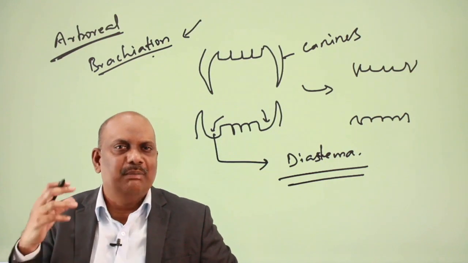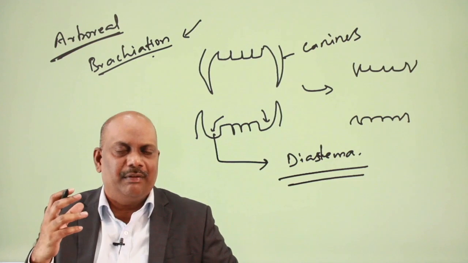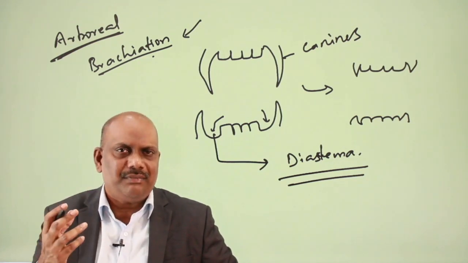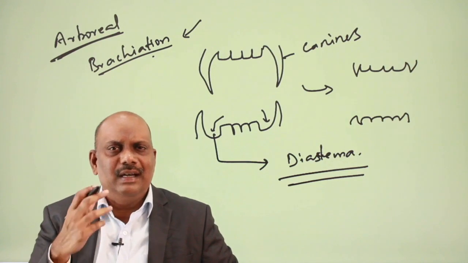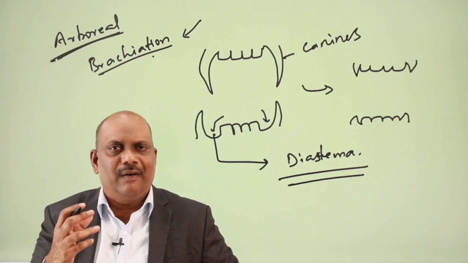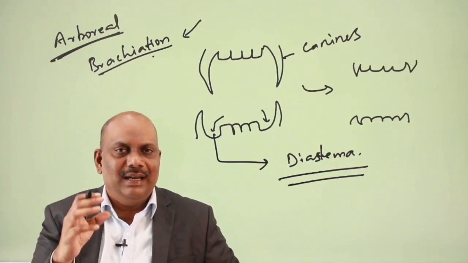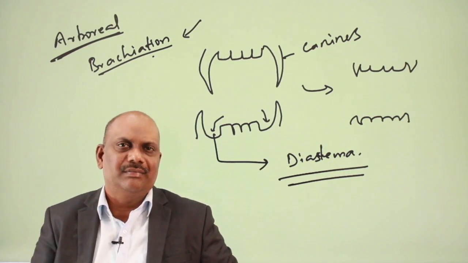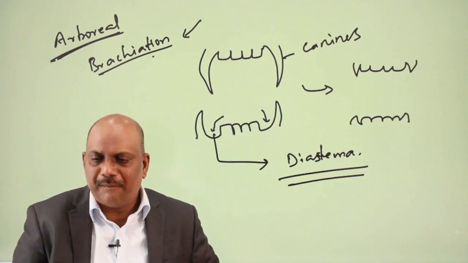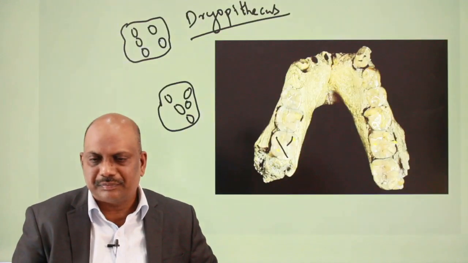The forearms became free and they started using them for making tools, for hunting and for collection. As a result, the need for the tusk-like canine declined. And for us, the absence of diastema in the fossil indicates this condition. So these are the very important dental characteristics of Australopithecus.